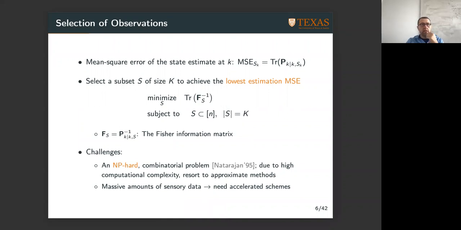Nevertheless, even with the use of those approximate methods, as the size of the network grows, there's a need for being able to come up with solutions to this optimization problem with even improved efficiency.